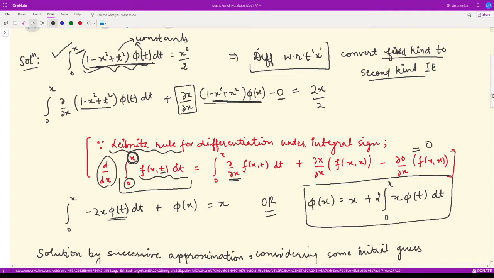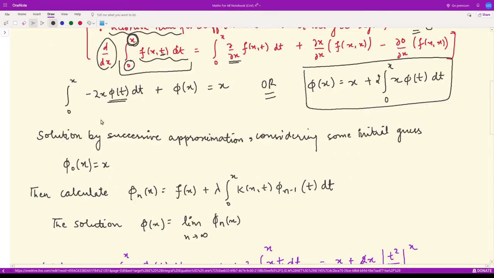So our equation becomes integration from 0 to x of minus 2x phi t dt plus phi x is equal to x, or we can rewrite this equation by moving this whole term to the right hand side. So phi of x is equal to x plus 2 integration from 0 to x of x phi t dt. So here our kernel is x.